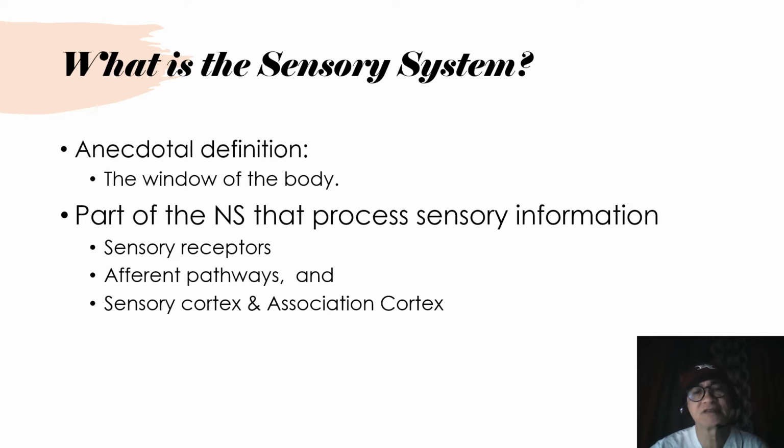The sensory system is described as the window of the body to the environment. Technically, the sensory system is defined as the part of the nervous system that processes sensory information. It basically is comprised of the sensory receptors, afferent pathways, and sensory cortex and association cortex.